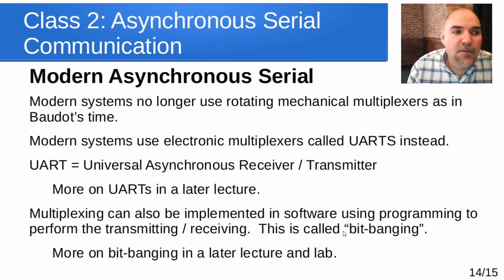So you either have to do that with some sort of timer interrupts, or you need to do that with some sort of semi-high resolution timer, depending on what rate you're going. And you need to make sure other interrupts don't affect that timing or other things in the program don't affect that timing in some way. So it becomes important to write that code pretty well to get higher data rates on bit-banged serial communication systems.